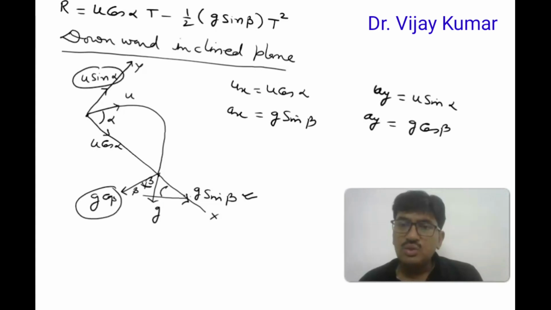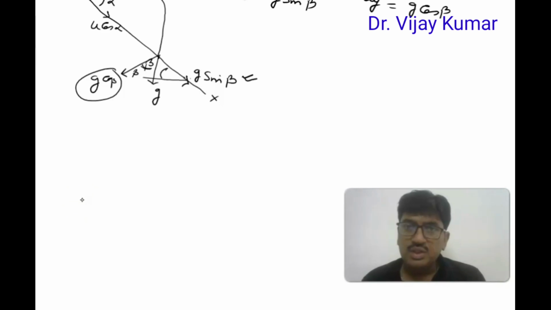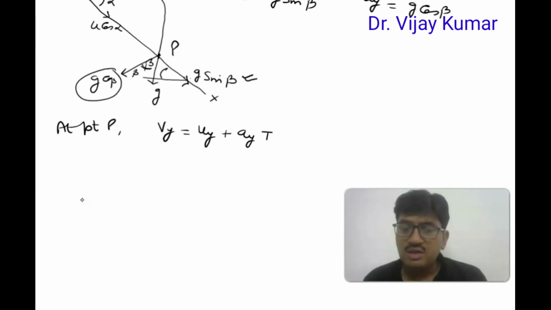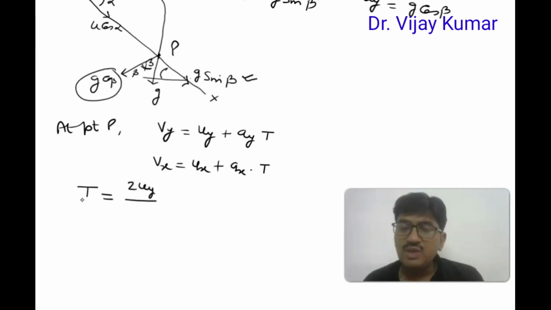So we know that suppose this is a point P. At point P, Vy equals Uy plus Ay into flight time, and Vx is Ux plus Ax into flight time, and T should be 2Uy upon Ay, or we can say 2U sin alpha upon g cos beta.